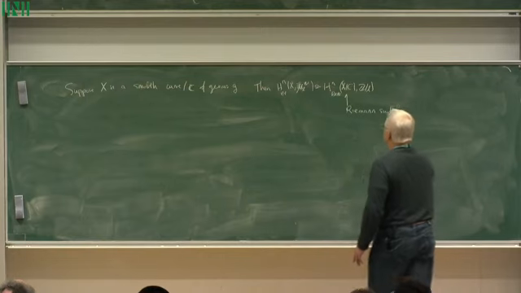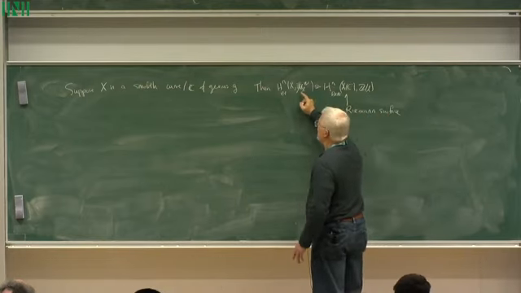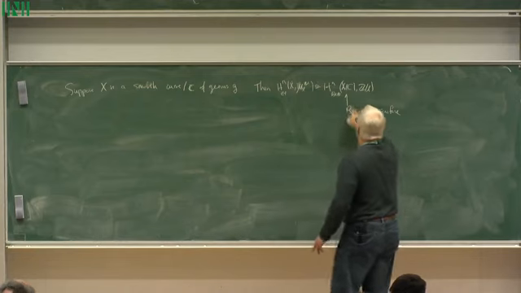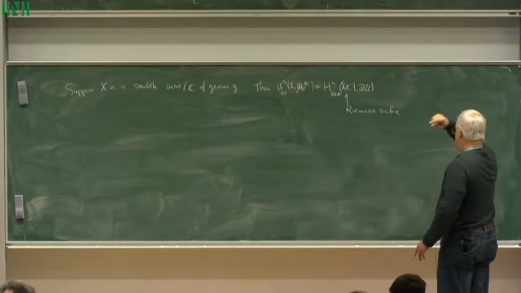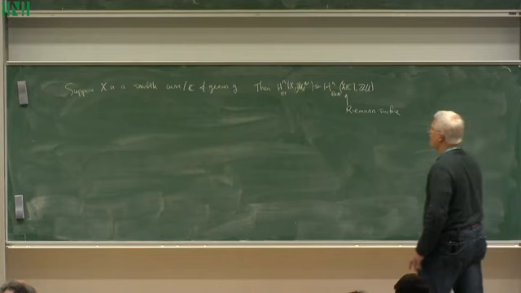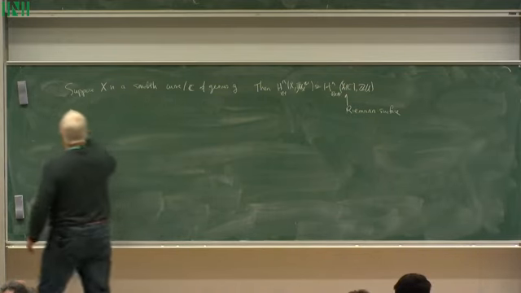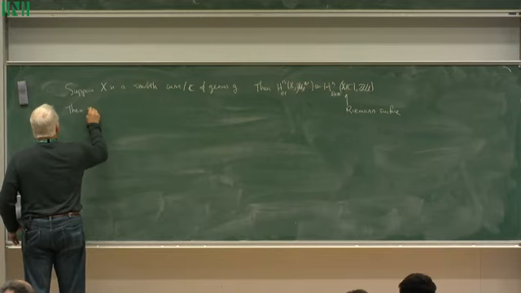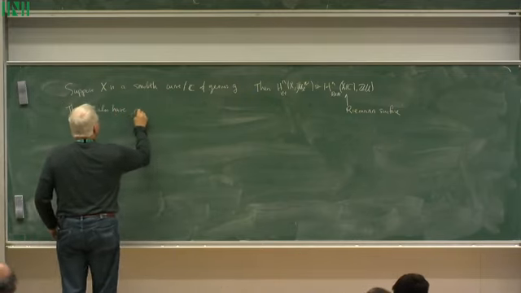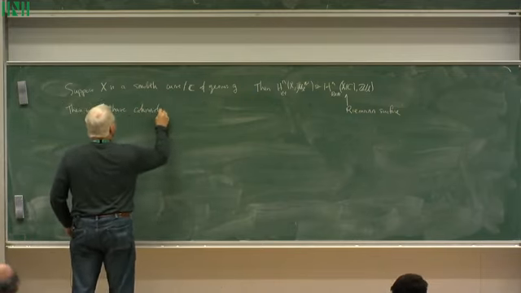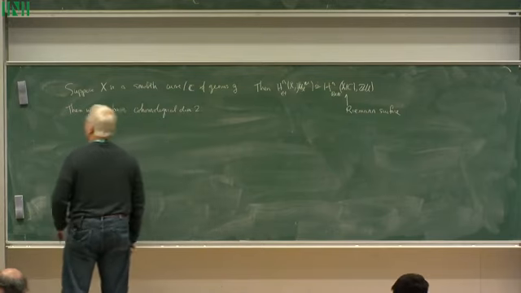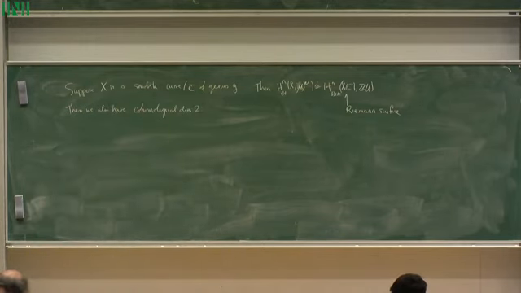So this is the comparison theorem, and I'm using the fact that the complex numbers is algebraically closed, and I'm using the characteristic 0. So then what we do is we also have cohomological dimension two. So we get something which looks very similar to this.